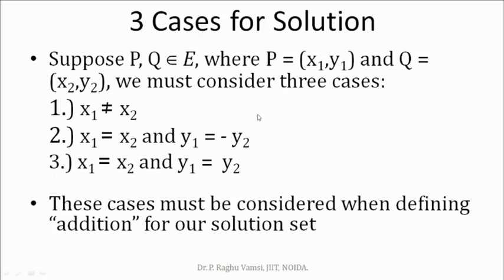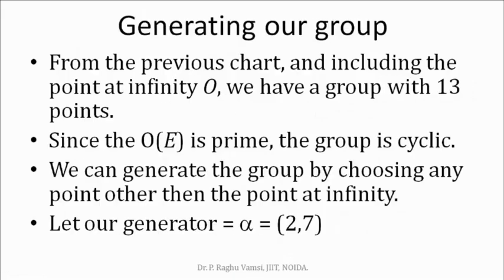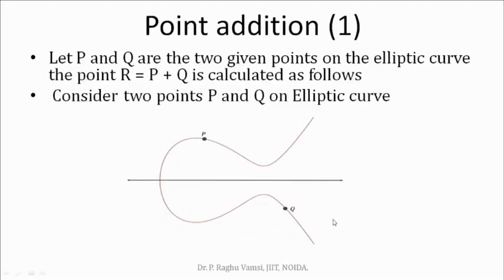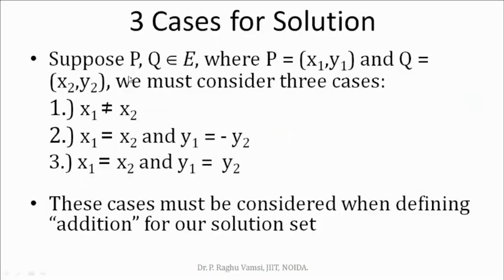Coming to the previous case, as we have seen here, if P and Q are different points, then obviously you will get x1 equal to x2 and y1 equal to some other value.